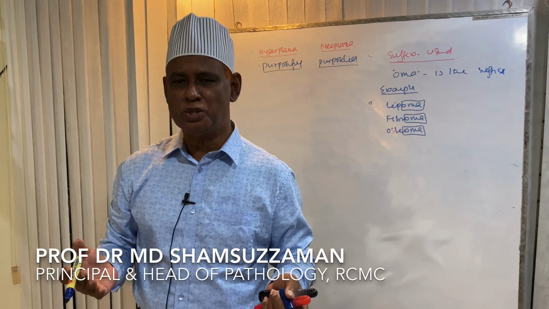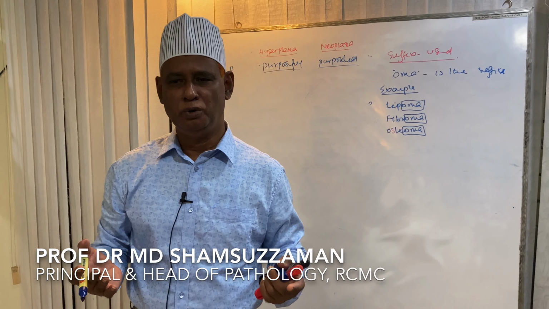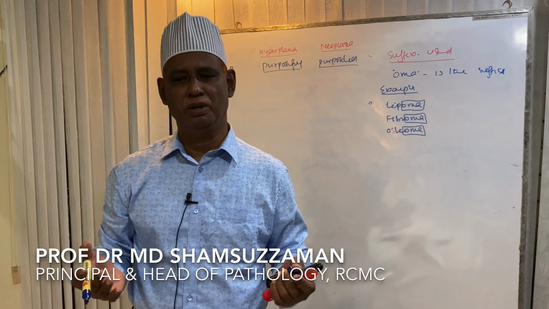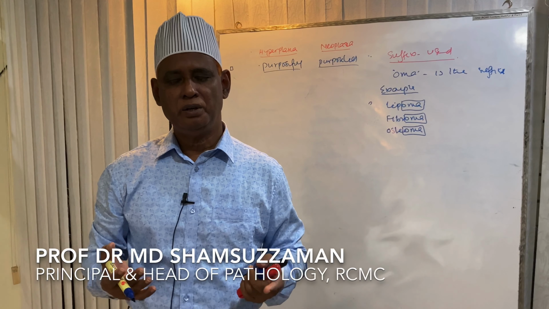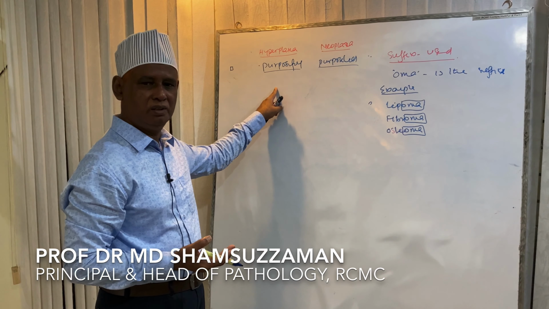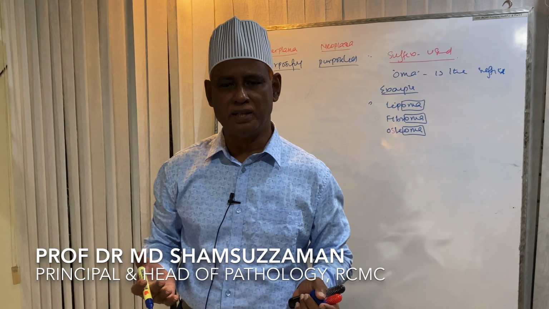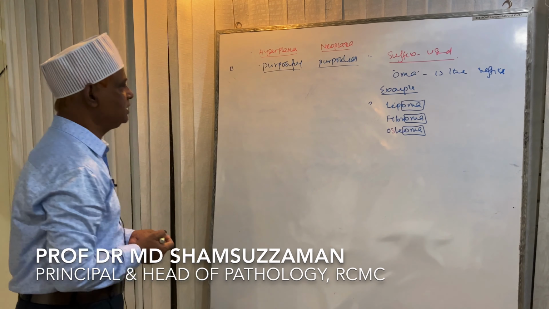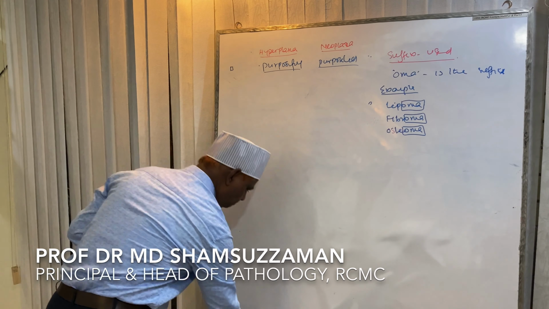If there were no hyperplasia in the uterine muscle during pregnancy, conception would not be possible. So hyperplasia in uterine muscle during pregnancy is desired and purposeful. But neoplasia, or neoplasm, is purposeless. Cancer is definitely purposeless growth. So these are the differences between neoplasia and hyperplasia.